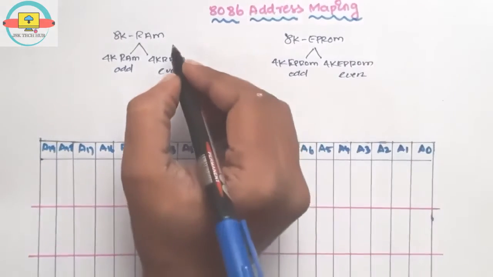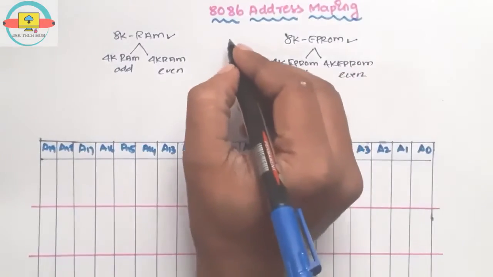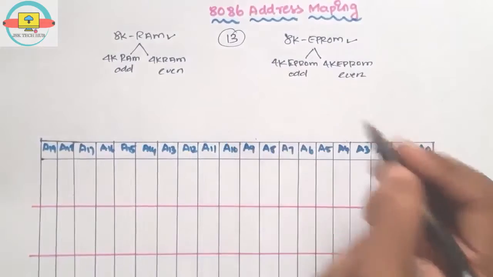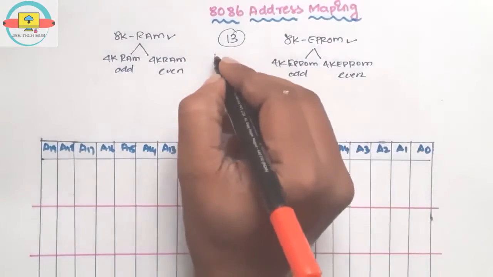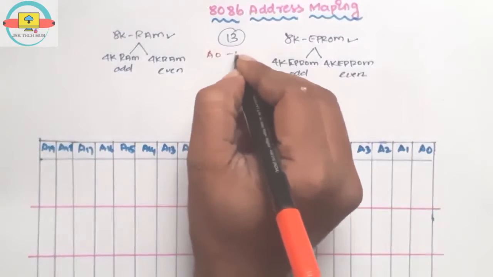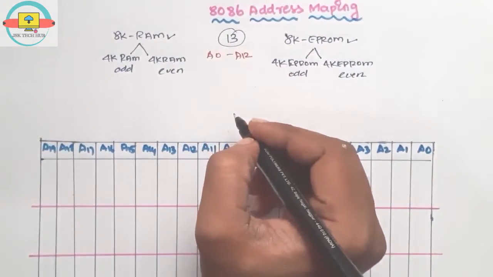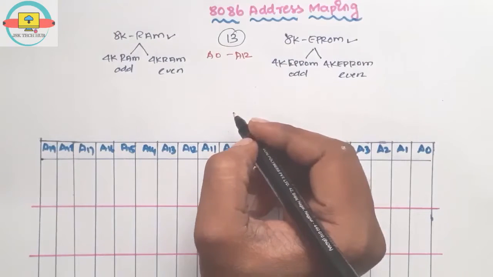To interface the 8 kilobyte RAM and ROM memory, we need 13 address lines shared between the microprocessor and memory. The address lines A0 to A12 need to be shared between the microprocessor and memory to access the data from the corresponding memory location.